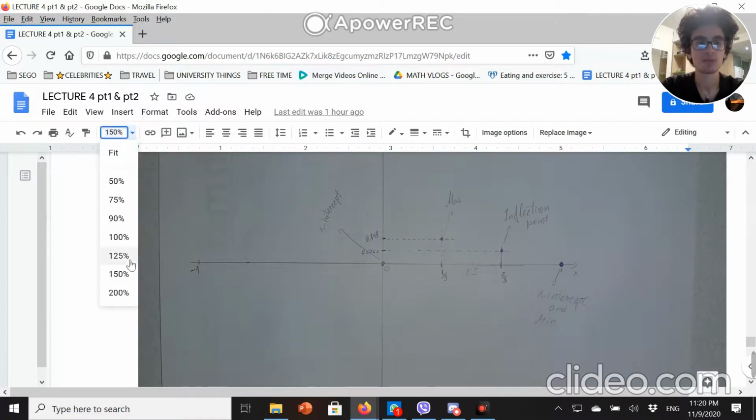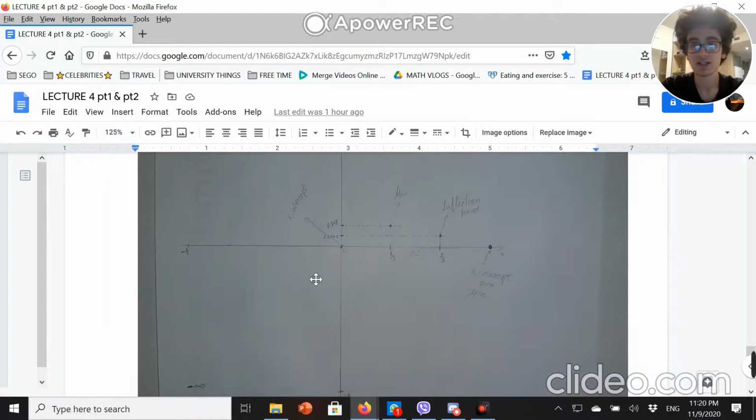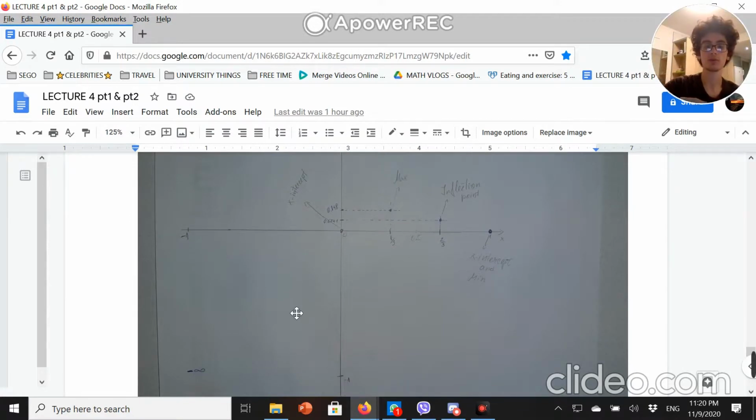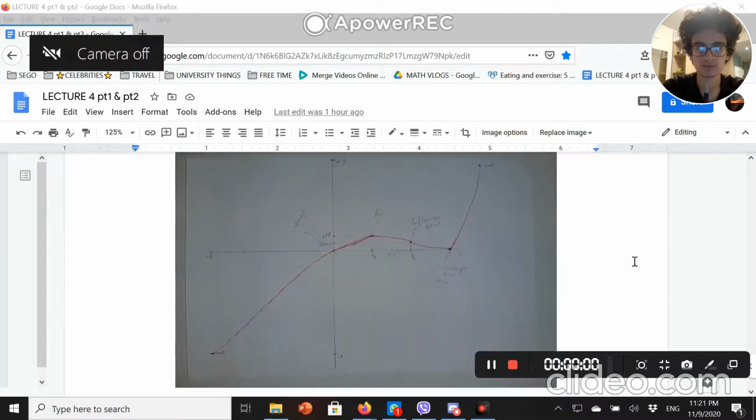Knowing that, we can just connect these dots, and coming back to our table, we know that first it starts negative, so it will go up to our maximum, and it will cross our y-intercept. Actually, let me show you this. This is my drawing.